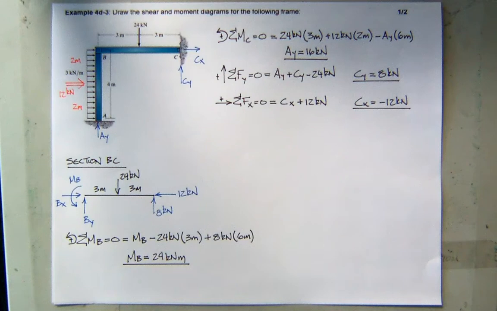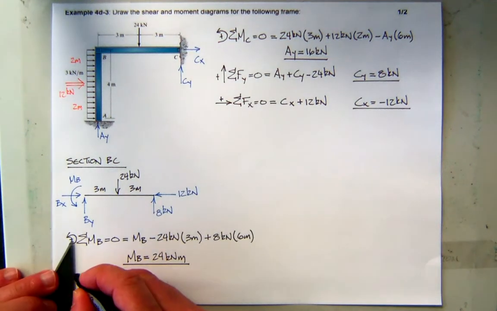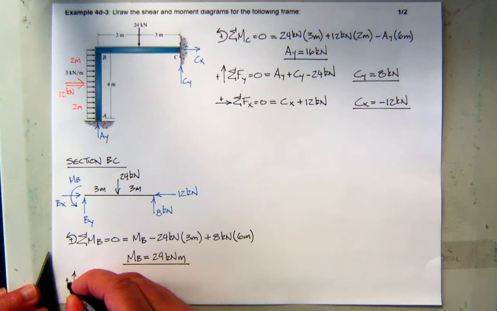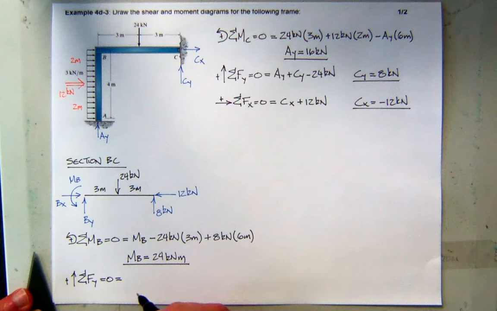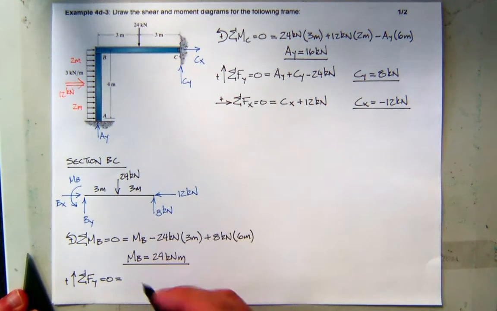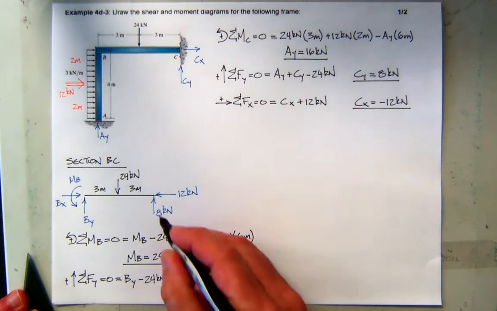Okay. What else do we need to find? Let's find some forces in the y direction first. No particular reason to do that, but I will. So By is up. That's positive. 24 is down. Consider that to be negative. 8 kips is up.